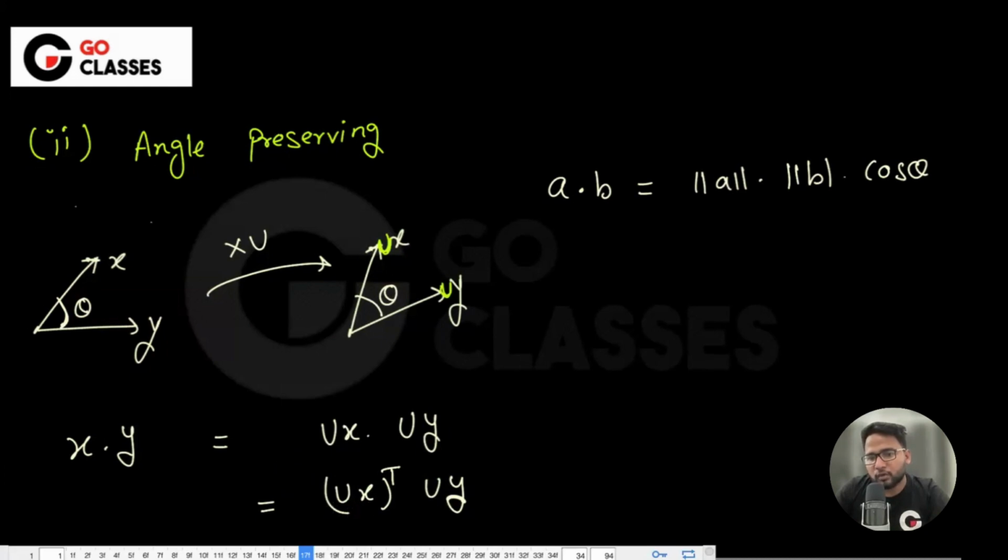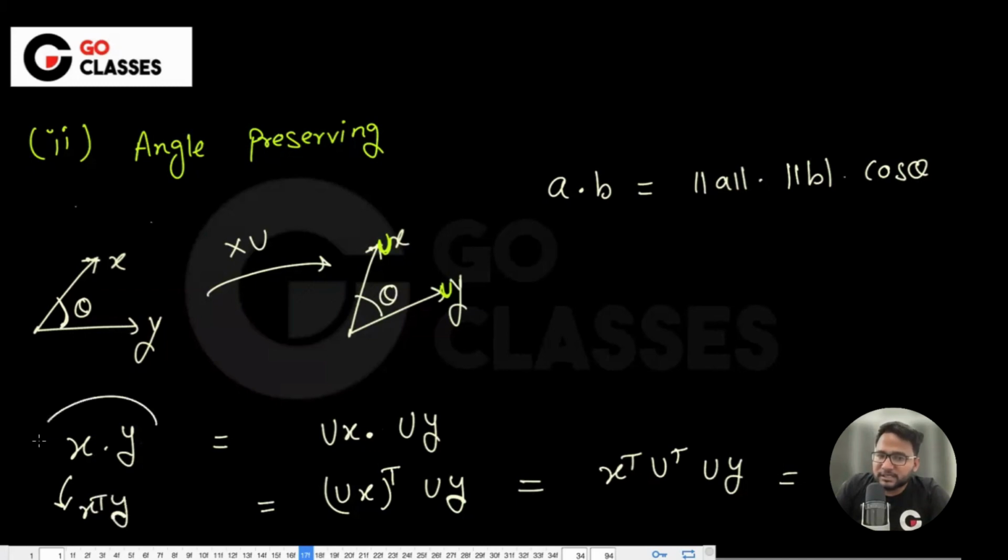Now that is equal to x transpose uy, which is nothing but x transpose y, right? And x dot y, by the definition, if you want to convert this dot into matrix notation, it is x transpose y only.